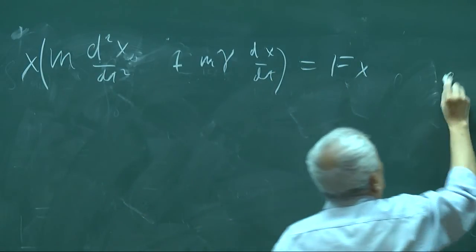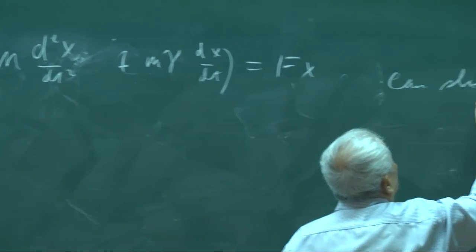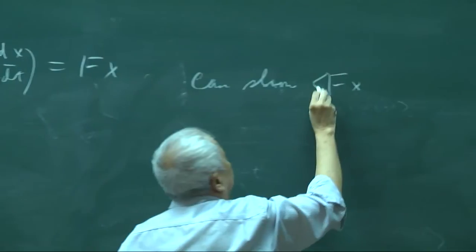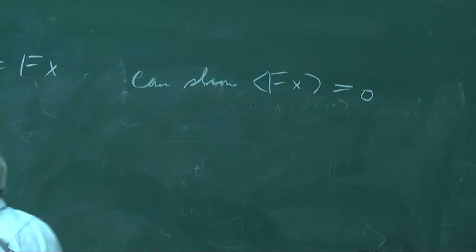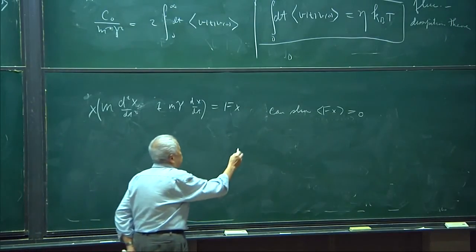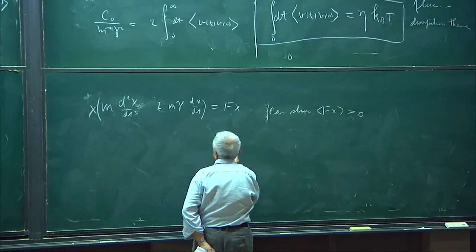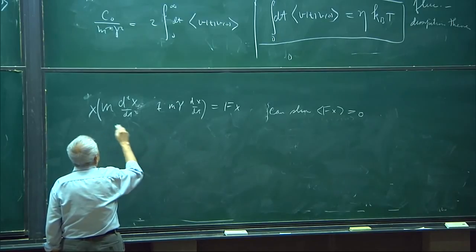Now we can show, which I will not do here, that the average of f x is equal to 0. It's sort of reasonable. But this can be shown by a more detailed calculation, but I will just state it. And therefore this average on this side is 0.